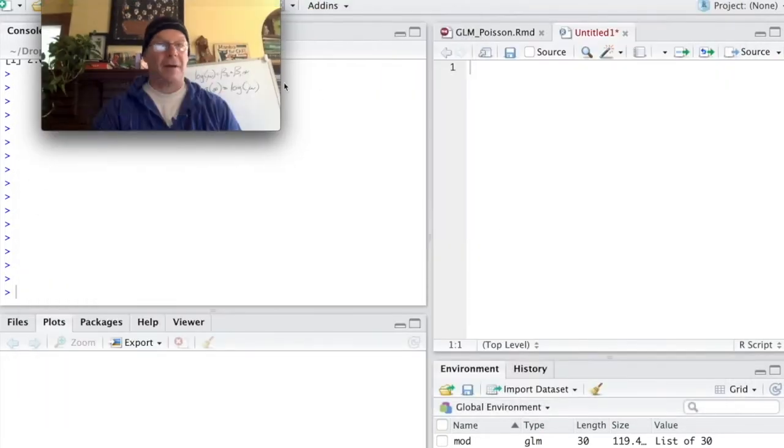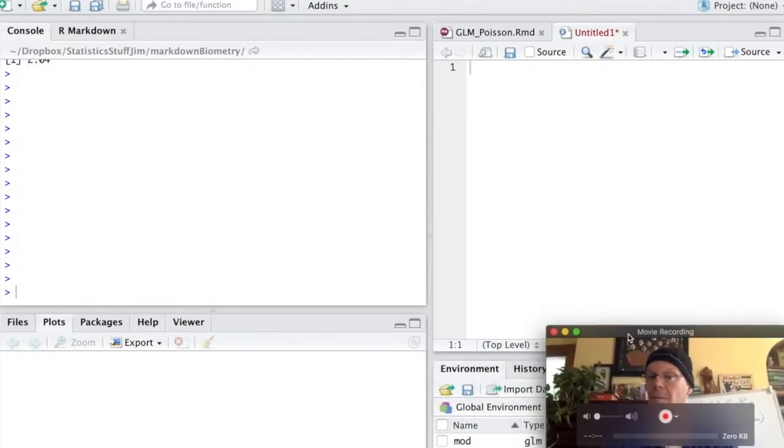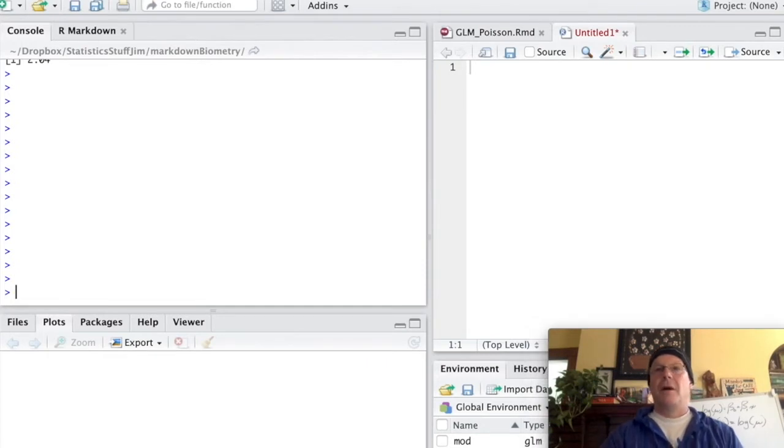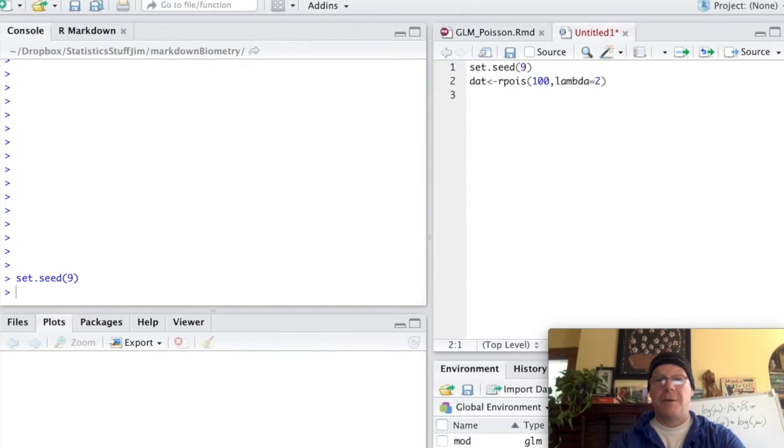So I'm going to do what I like to do, which is simulate some data, because when we simulate data, we know the real answer. So I'm going to set my number seed for those of you playing along at home, and then I'm going to take 100 random variables from a Poisson distribution with a lambda equal to 2.